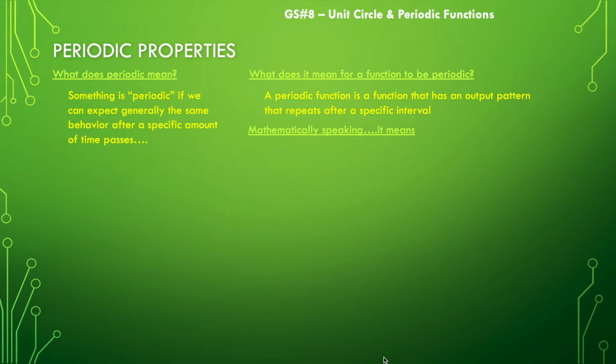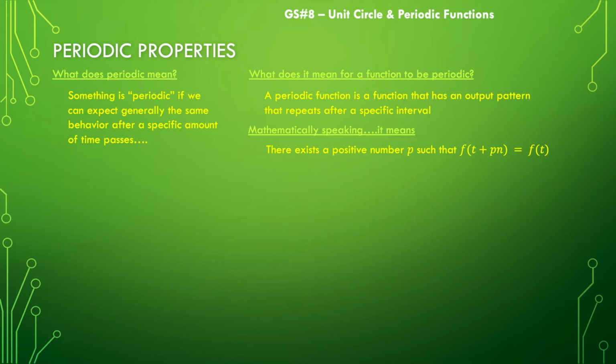So mathematically speaking, if we are talking about functions that repeat, we can say there is some positive number p, which represents the period that it takes for the function to repeat. And I can multiply that value by any integer, and I should get the same output value as if I had the original function value.